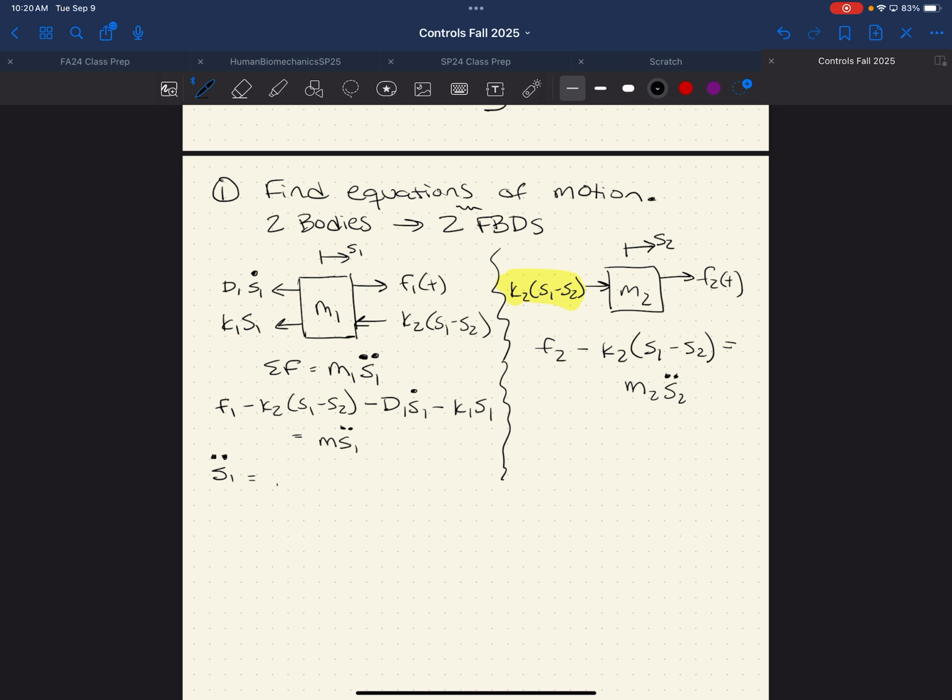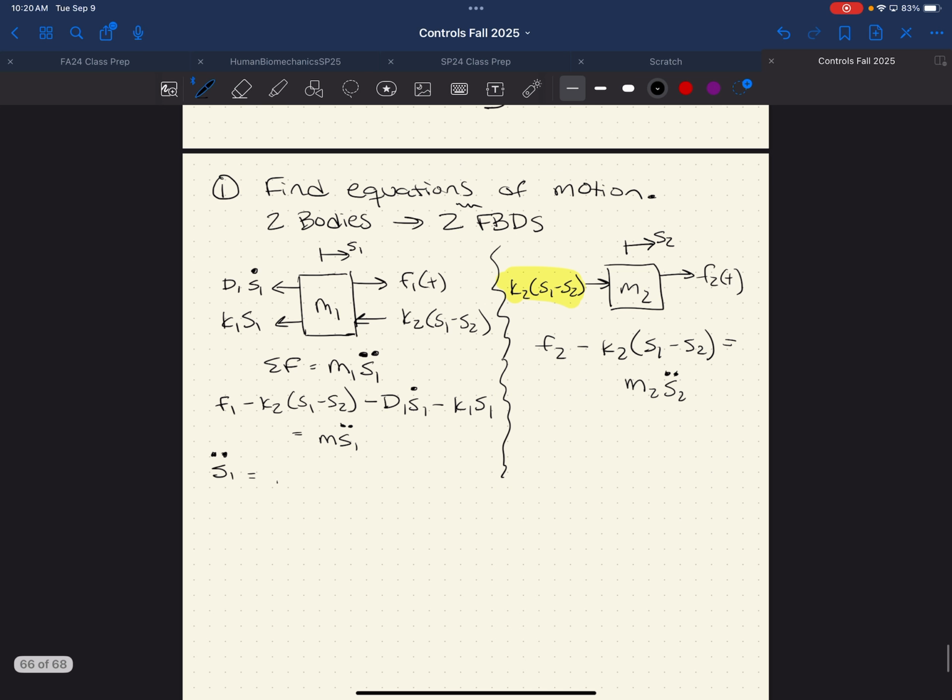Let's go ahead and distribute my S's. And I want to give all of my S1 terms, then all of my S2 terms. So let's see what that looks like. That would be something like minus K2 S1 over M, minus D1 S1 dot over M.